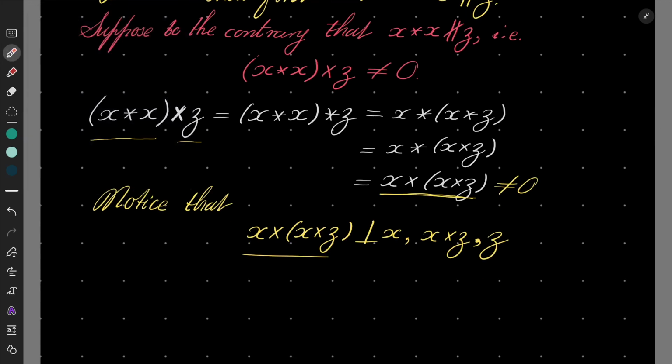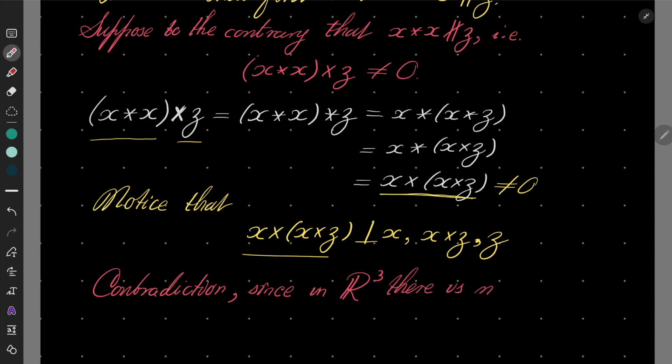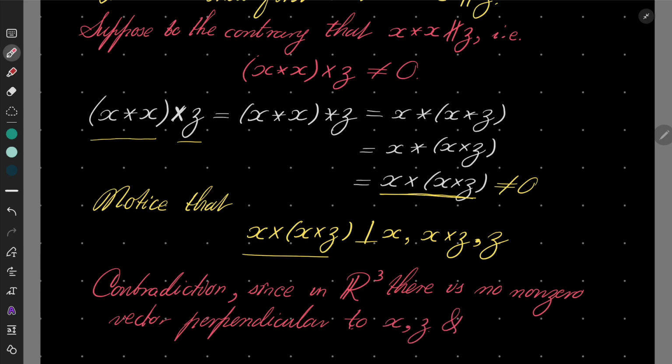Contradiction, since in R cubed there is no non-zero vector perpendicular to x, z, and x cross z. There is no such vector.